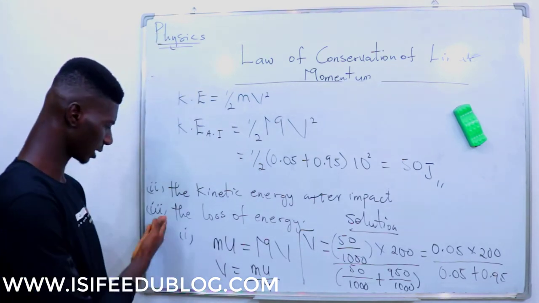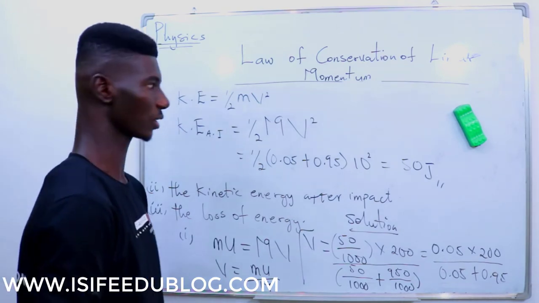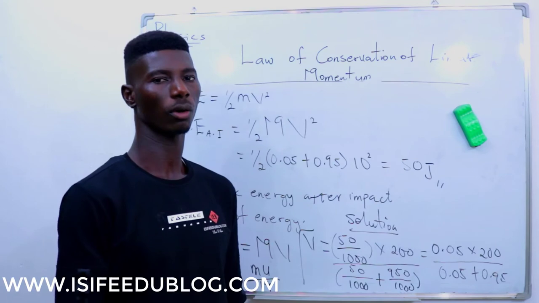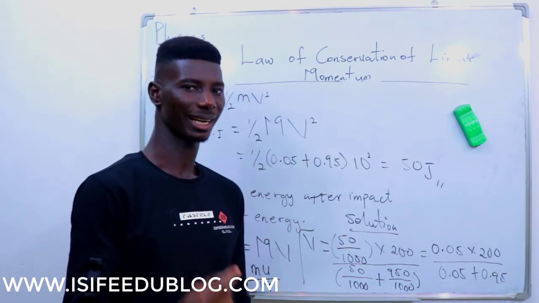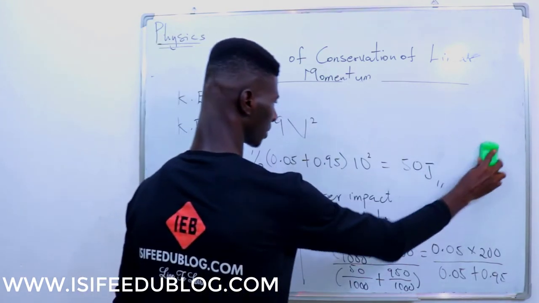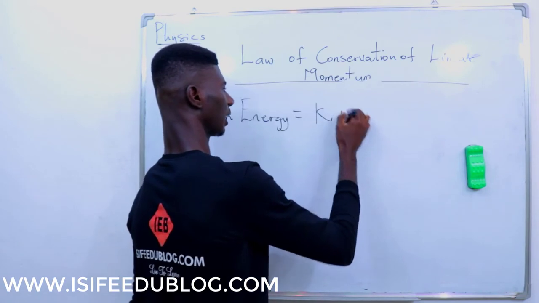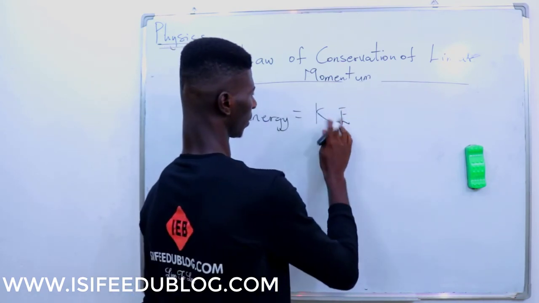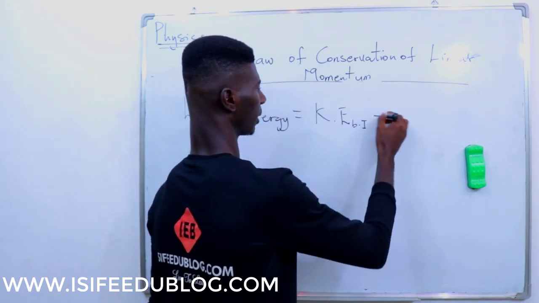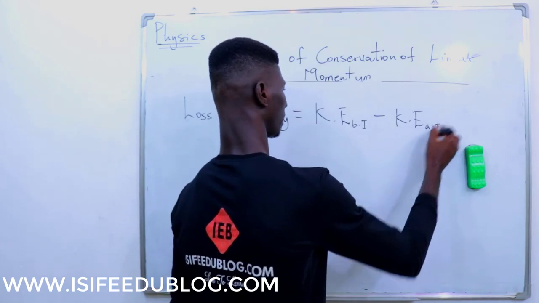Now the next question says the loss of energy. I've told you, energy loss can only occur in what? Inelastic collision, when they join together. So how do you do that? Loss in energy is simply kinetic energy before impact, or before collision, minus kinetic energy after the impact.